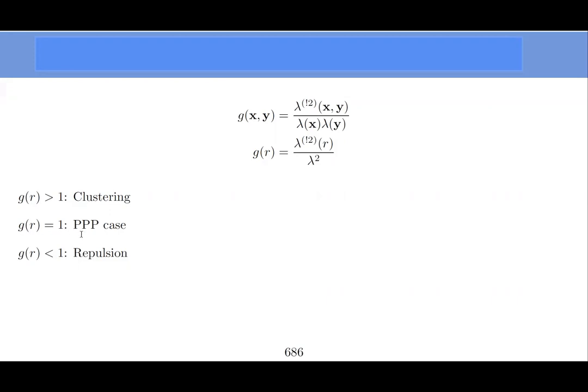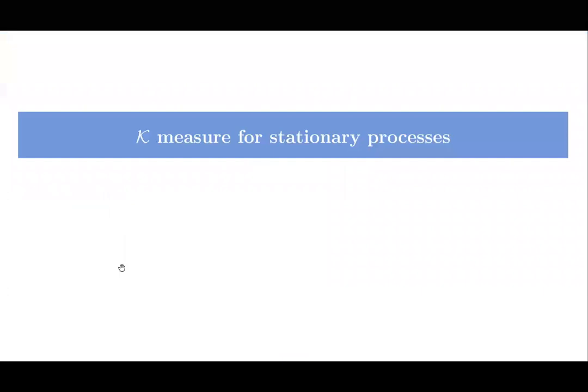If g(r) is equal to 1, this means it's a PPP, which means complete independence. And if g(r) is less than 1, this means that given a point at x, it reduces the likelihood of other points being there. So it denotes repulsion in the points.